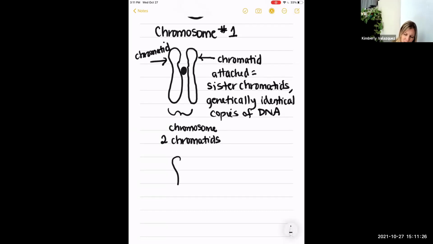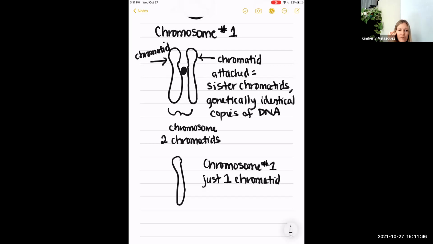Sometimes chromosome number 1 is going to look like this. So this could also be chromosome number 1, but it just has one chromatid. Depending on where this cell is in its cell life, sometimes it will just have one chromatid for each of the 46 chromosomes.